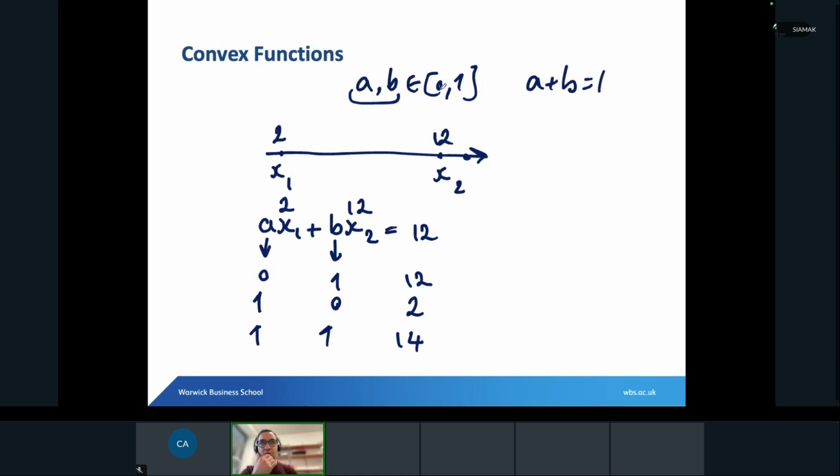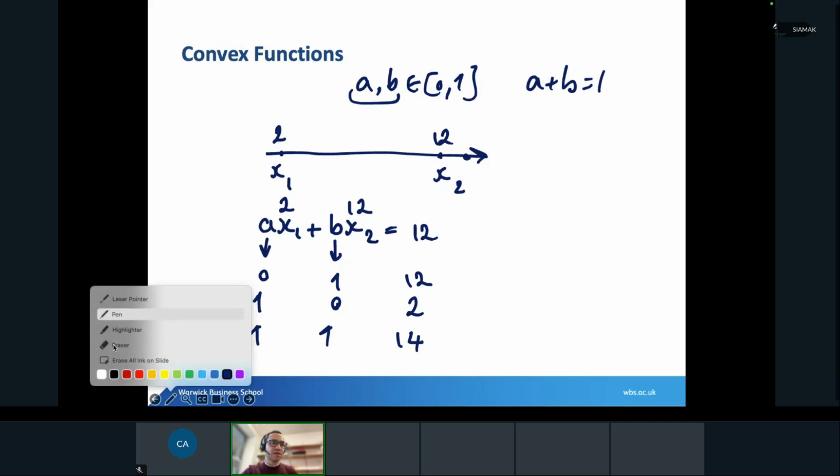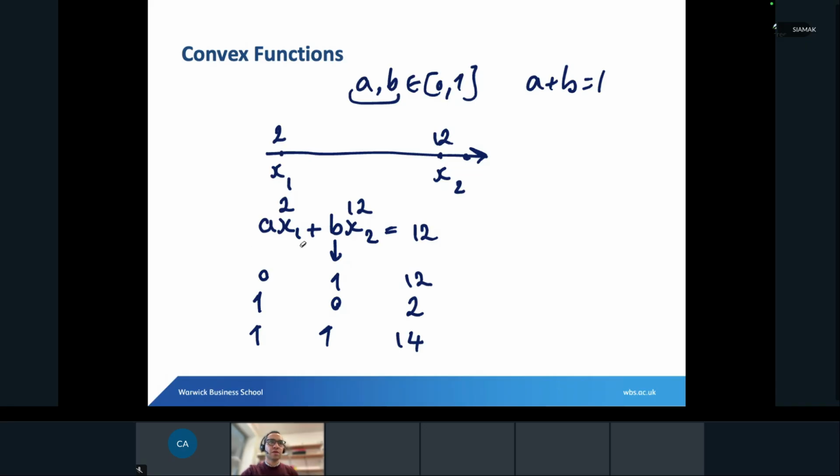Because if both of them are 1, you can see both of them are between 0 and 1, but you get 14, which is out of this part. Now, let me show you this. Let me erase these parts. Oops, I didn't want to erase that part. That's okay. Now, I just want to give you some examples.